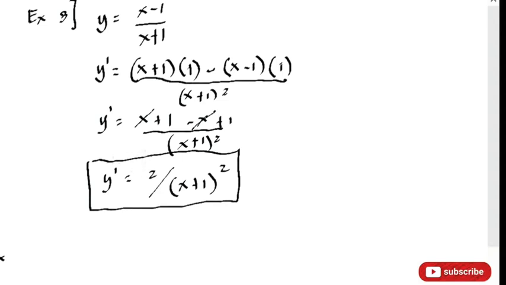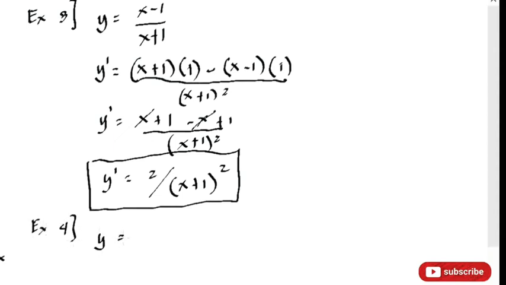So, the derivative of x minus 1 over x plus 1 is equal to 2 over the quantity x plus 1 squared. Let's have another example. Example number 4.